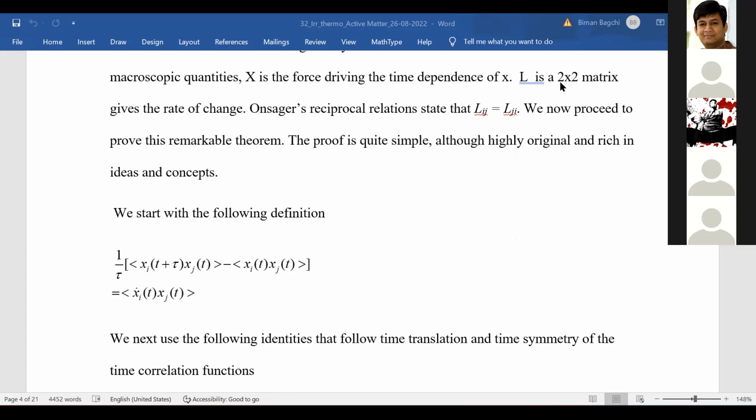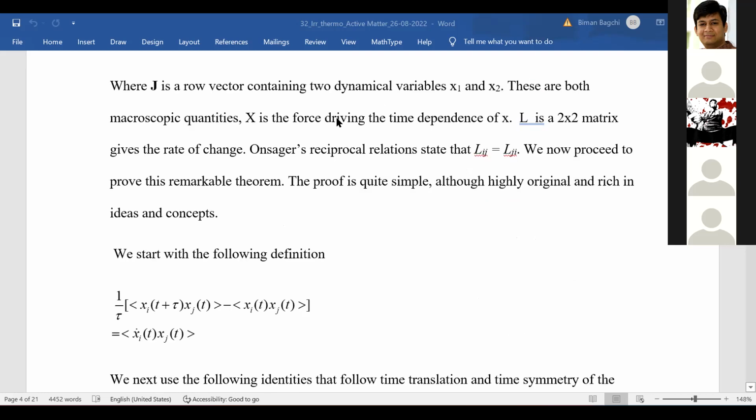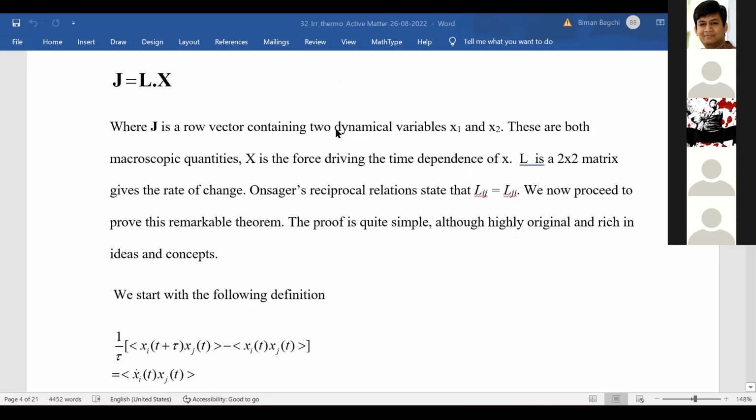So the Onsager reciprocal relation remains the same. So why did Landau not use the notation J? Because to him X is the force, and that force is conjugate to small x. That means X is like in my Stokes law, the capital F, and v is the velocity.